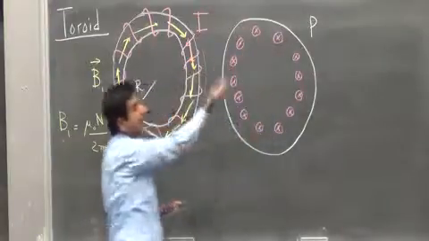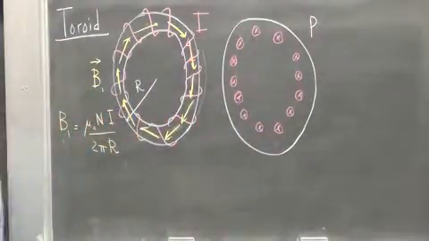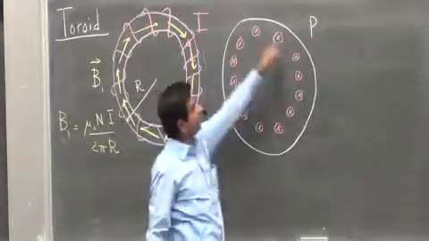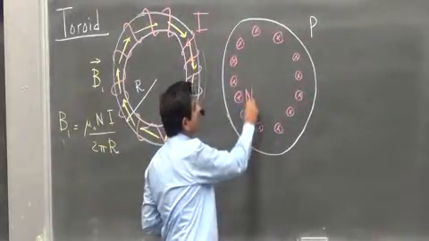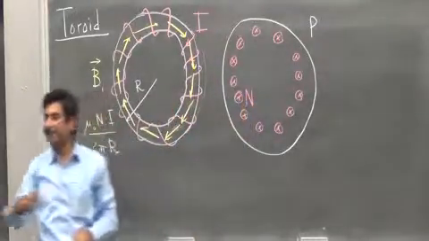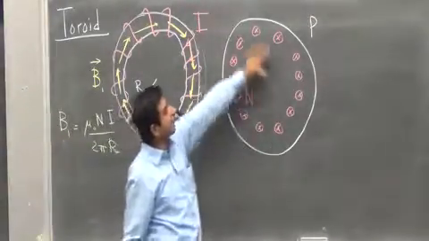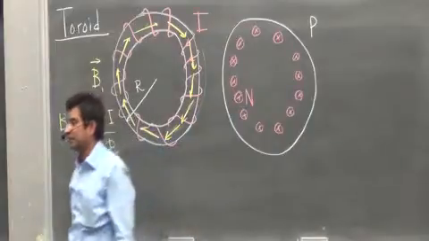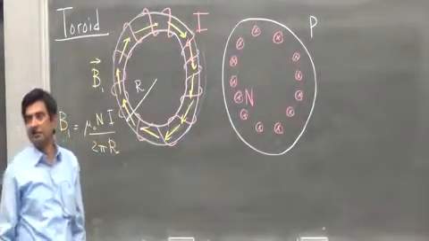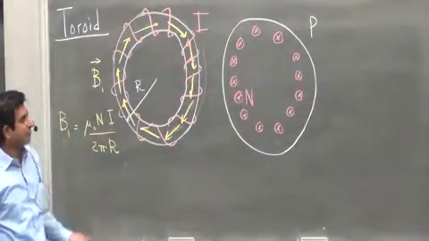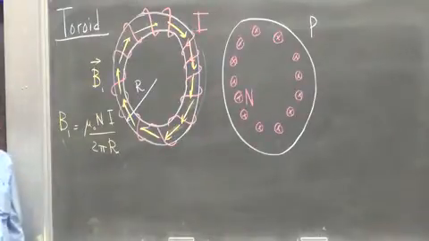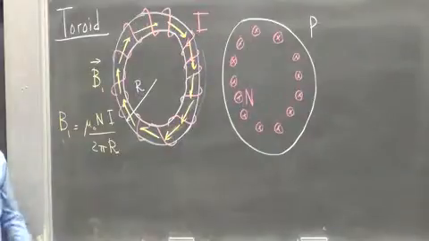So this is an Amperian diagram of the same situation. I draw a path, and there are n segments of wire that are carrying current inside, and it pierces the area that is bounded by this path. So I use Ampere's law and get this formula. This is B1.